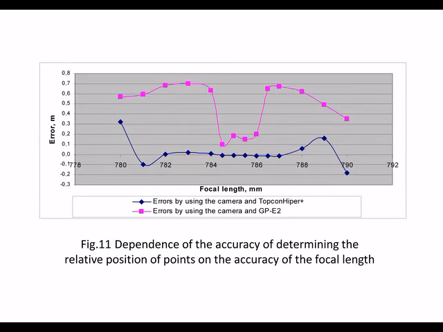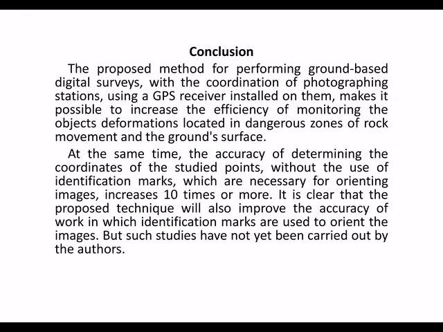At the same time, the accuracy of determining the coordinates of the studied points without use of identification marks, which are necessary for orienting images, increases 10 times or more. It is clear that the proposed technique will also improve the accuracy of work in which identification marks are used to orient the images.